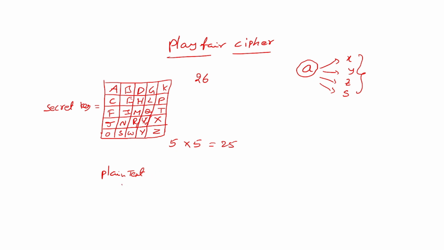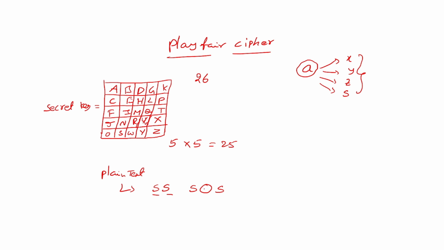We need to check whether the same characters occur continuously. If a pair of characters are the same, then we need to place a bogus character in between the same characters. Suppose there is a combination of SS, the pair of characters is SS, same characters, then we need to place some bogus character in between SS.